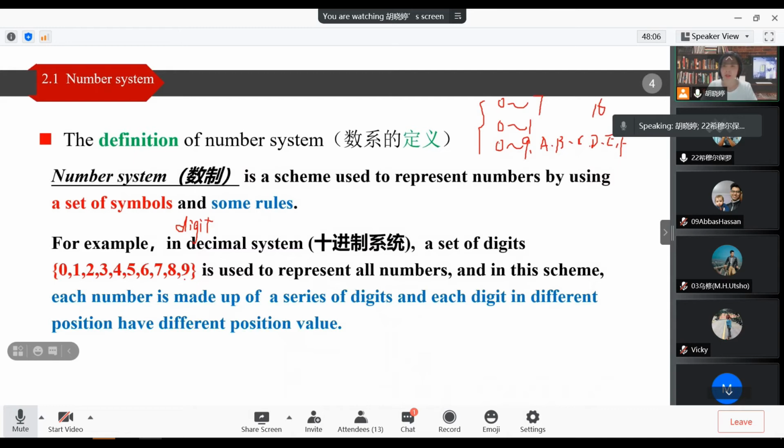So that means a number system has a set of symbols, and those symbols are called digits.